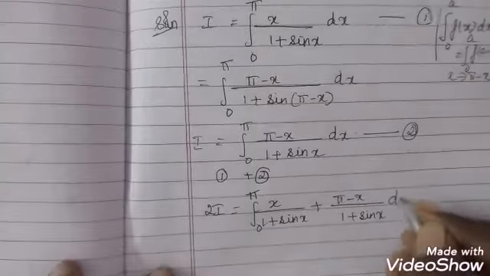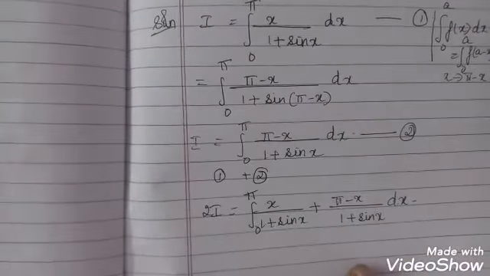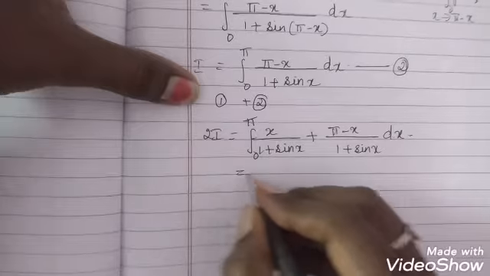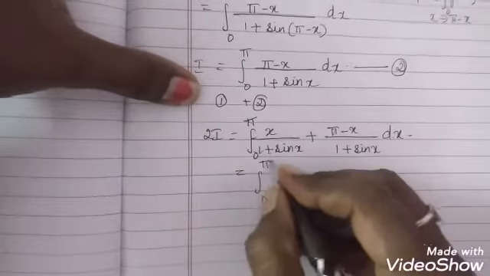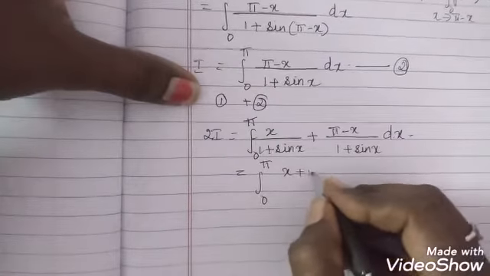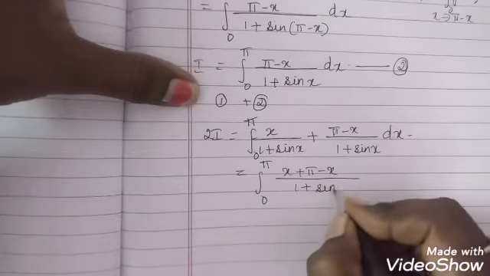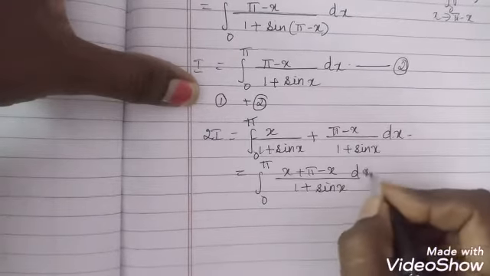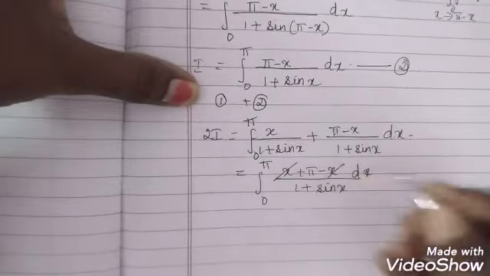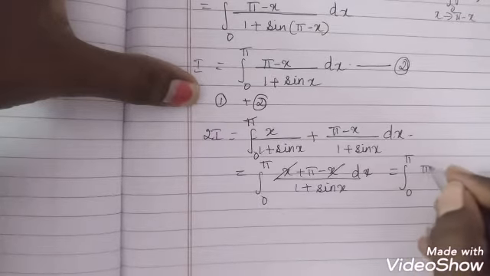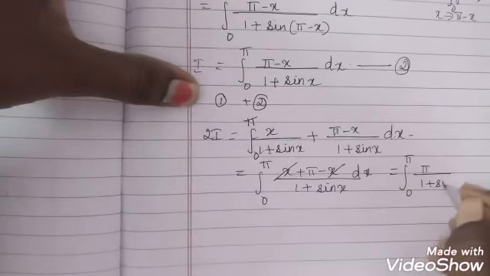Now in the next step, the denominator is the same, so you will have integral over 0 to pi, x plus pi minus x divided by 1 plus sin x dx. Here x and minus x get cancelled, so you're left with integral over 0 to pi, pi divided by 1 plus sin x dx.